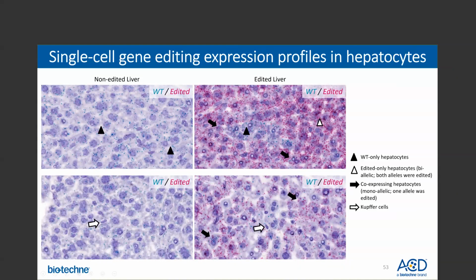On the right-hand side panel, on the other hand, which was the tissue that had the edited transcript, we can see majority expression of the edited transcript and some degree of expression of the wild type transcript. Again, highlighting that our BaseScope probes are very specific against these short targets, which can be very challenging to detect by using some other technologies. So using this BaseScope assay, we were able to visualize both the wild type and the CRISPR edited gene in our target tissue. Next.